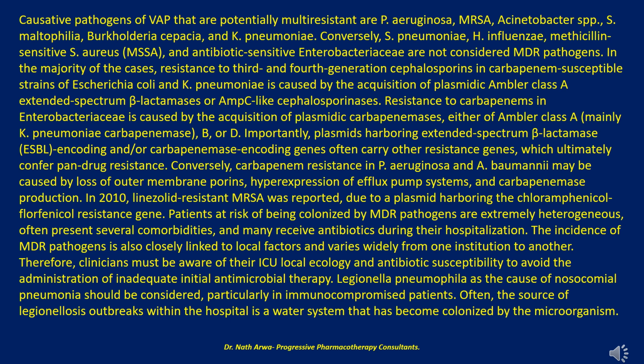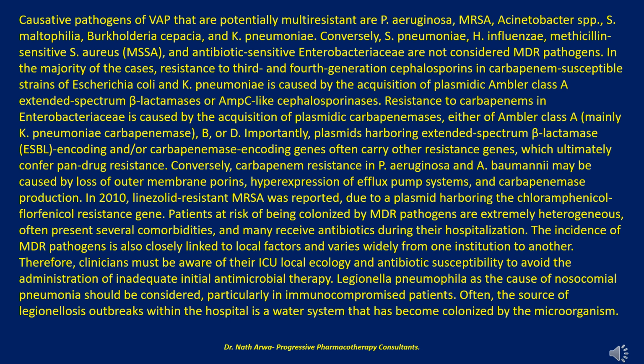Resistance to carbapenems in Enterobacteriaceae is caused by the acquisition of plasmidic carbapenemases, either of Ambler class A, mainly Klebsiella pneumoniae carbapenemase, B, or D. Importantly, plasmids harboring extended-spectrum beta-lactamase, abbreviated as ESBL, encoding and/or carbapenemase encoding genes often carry other resistance genes, which ultimately confer pan-drug resistance.